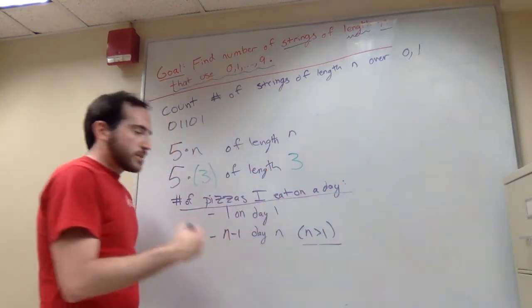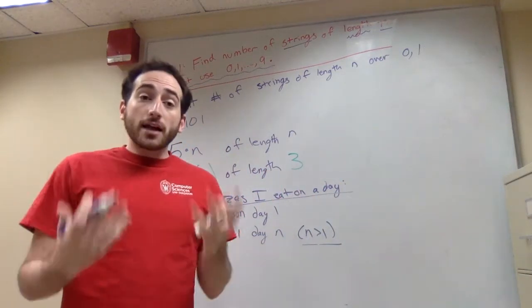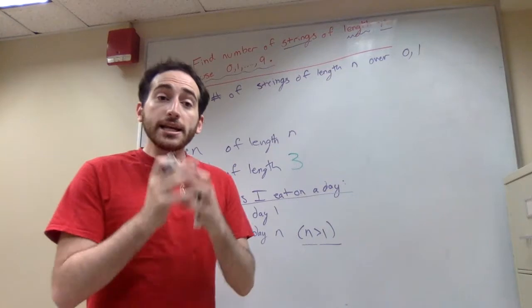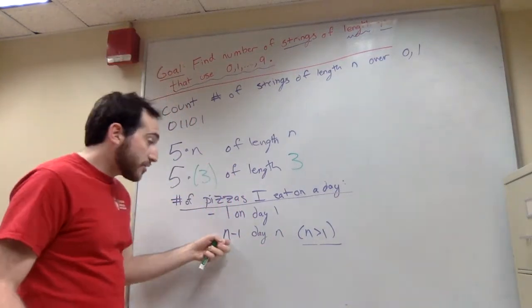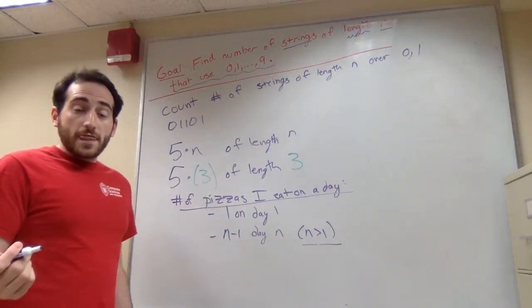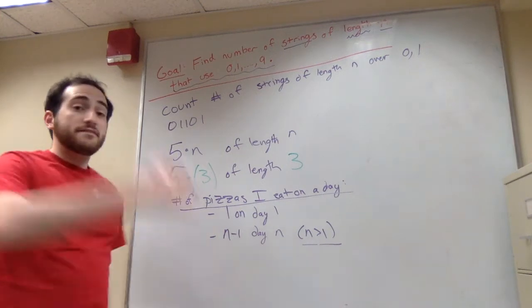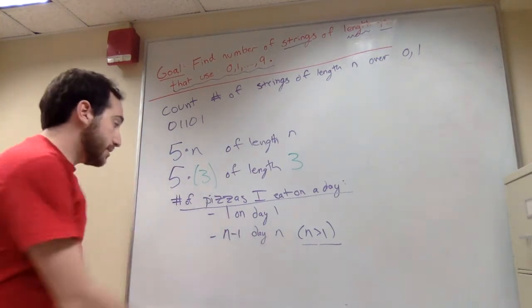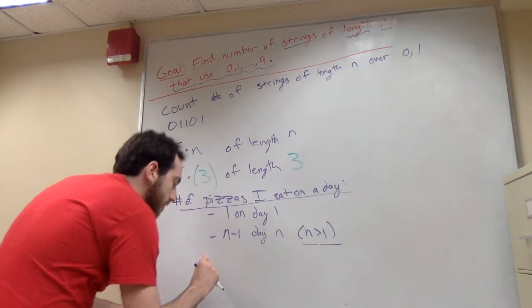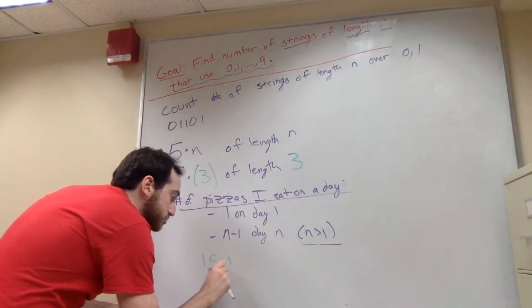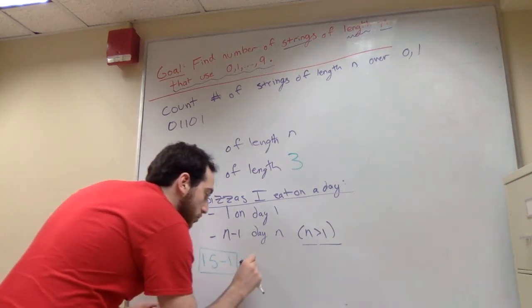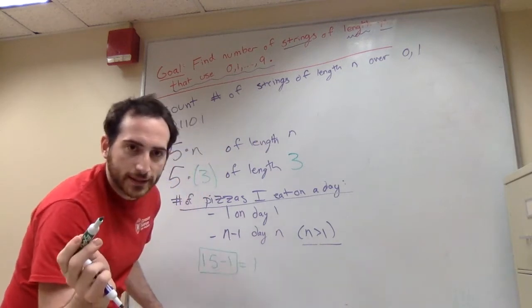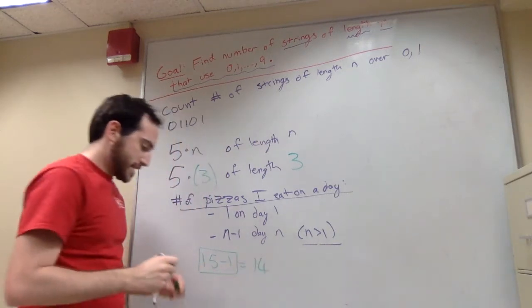So if this formula were correct, now I can calculate how many pizzas I'm going to eat on any given day by just plugging in this number. So let's say that on day 15, how many pizzas am I going to eat? Well, it'll be 15 minus 1, which, as you all know, wait, I'll give you a second, 14.